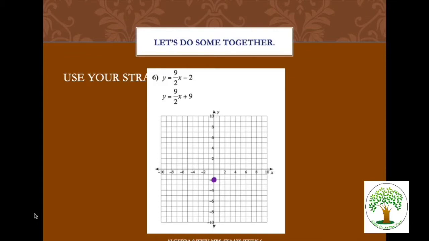They don't cross at 0, 0. It's just undefined. You're almost there. I'm going to go up 9 and over 2. Up 9, 1, 2, 3, 4, 5, 6, 7, 8, 9, over 1, 2. Draw my line.